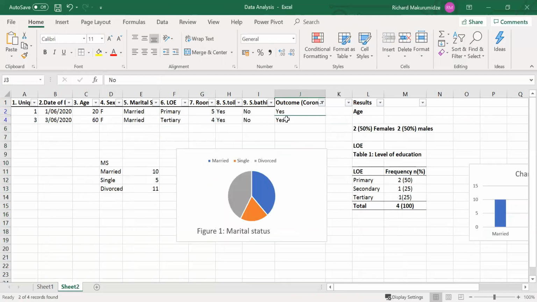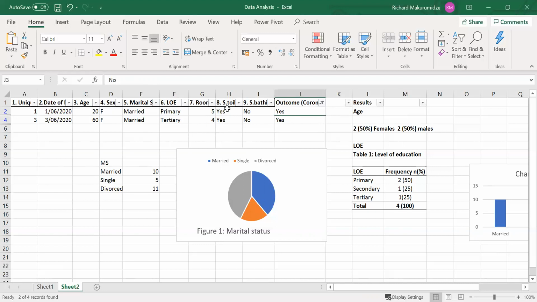Then I can count, in terms of getting corona yes, how many were they, and how many were female. Out of the four I had, two of them were married. They got corona.